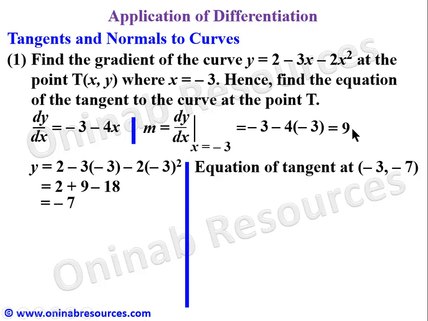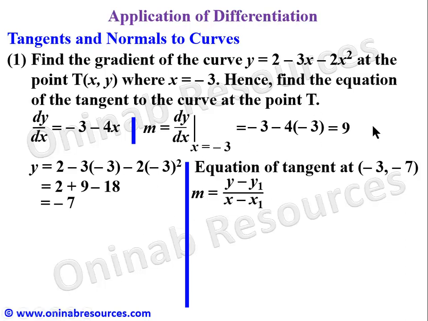Having known the gradient, we use the relation m equals (y minus y1) over (x minus x1). This is one of the many relations if you are given a point and the gradient to find the linear equation. We'll be looking at the other form in the subsequent problems.